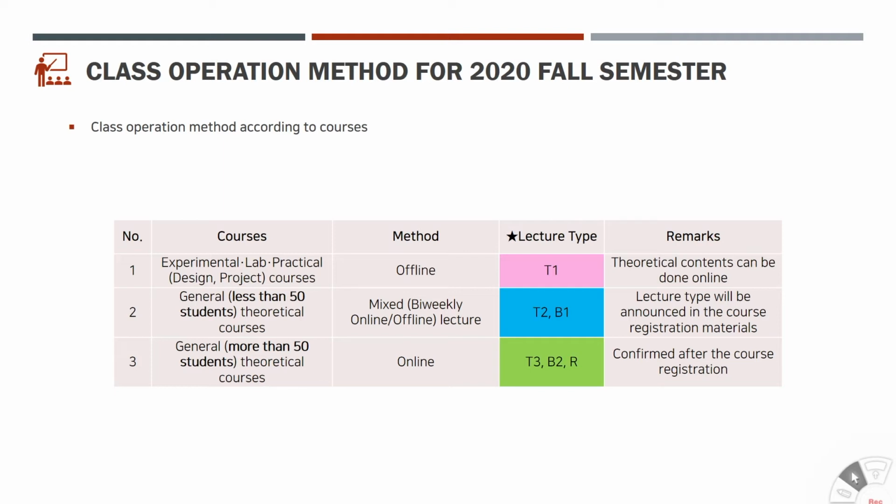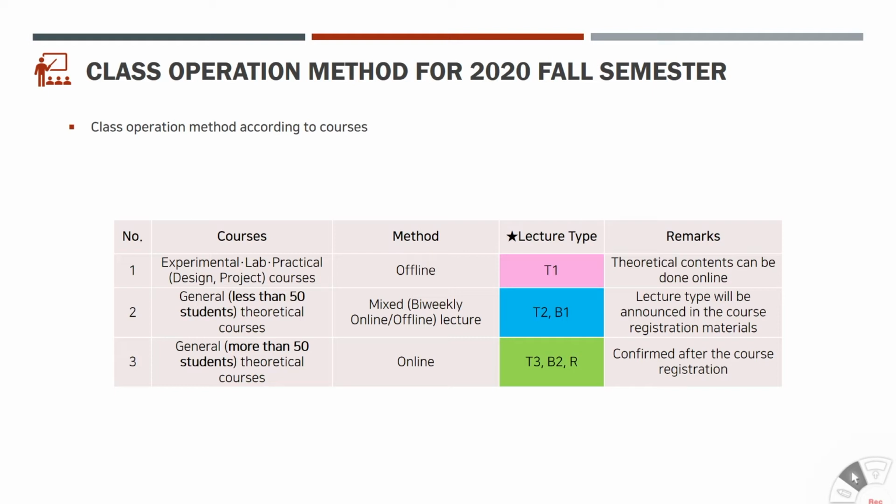For example, if the class this week is online, then the class next week will be offline, and another week it will be online again. And the type of lecture is called T2 and B1.